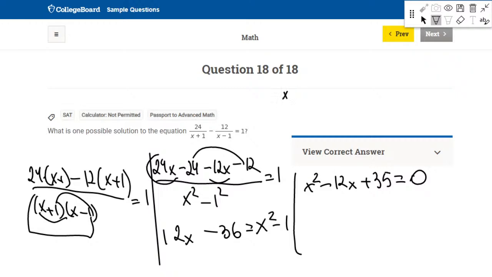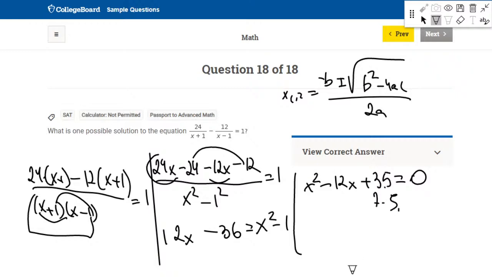We can solve it by x equals minus b plus minus square root of b squared minus 4ac divided by 2a, or again with logic. So what is 35? 35 is 7 times 5, right?